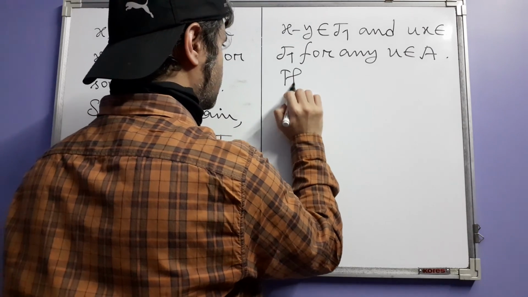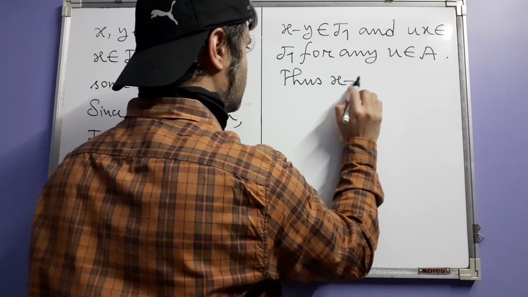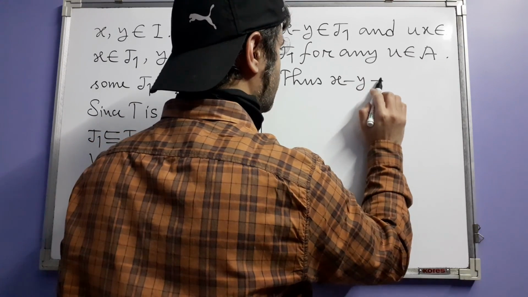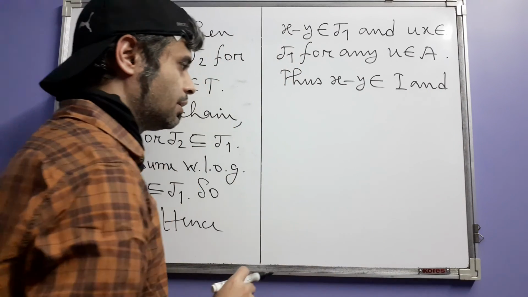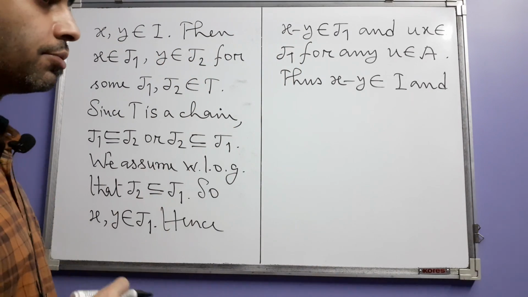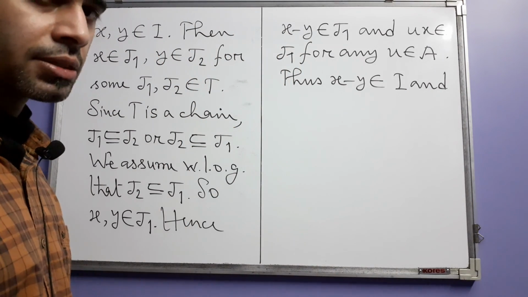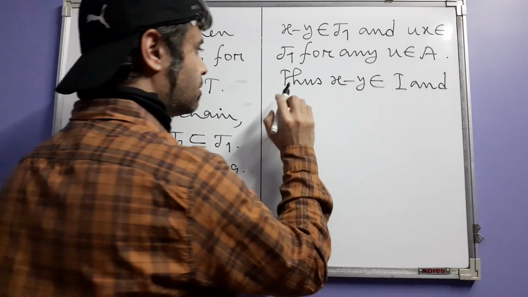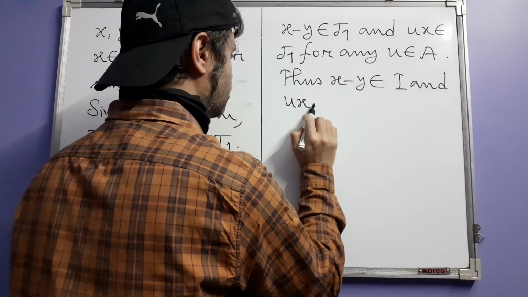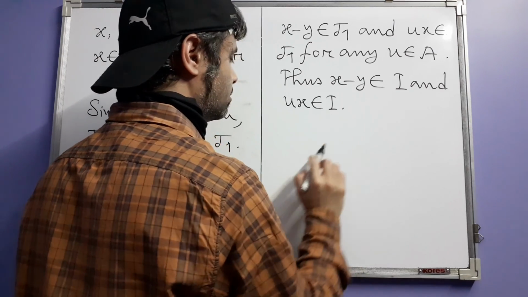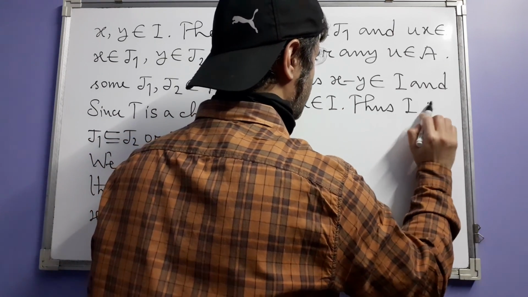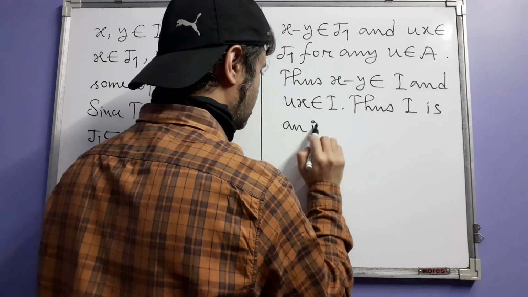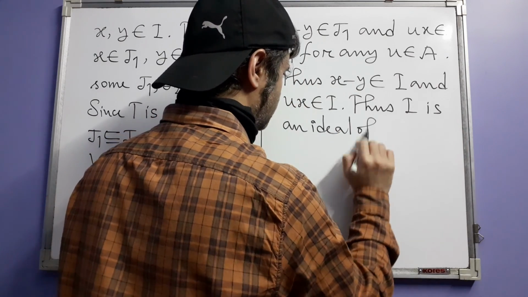Thus this belongs to I. That means if x minus y belongs to one set of the union, obviously it also belongs to the union, and similarly ux also belongs to I. Thus, I is an ideal of A.